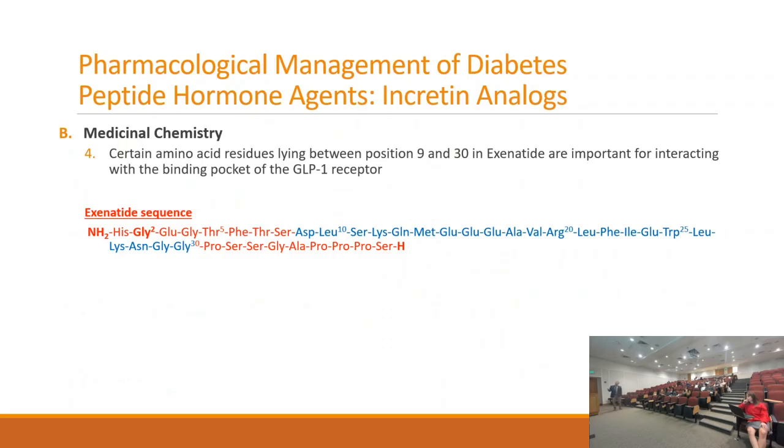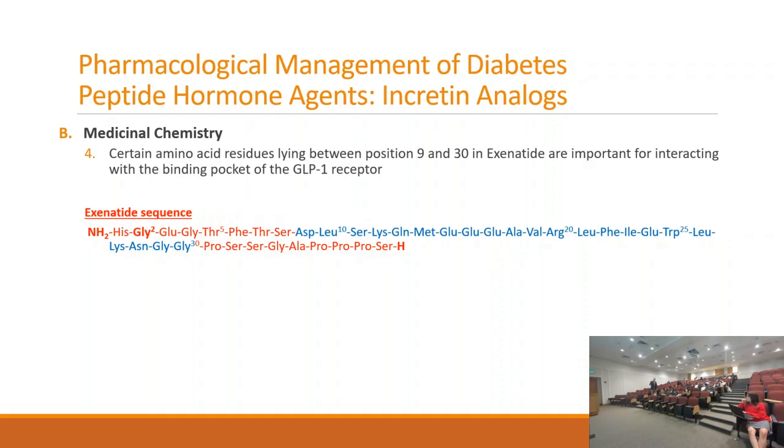We also know there are a number of amino acid residues between position 9 and position 30; you can see the blue amino acid residues here. These amino acids are really important for binding to the incretin hormone receptors. So again, we've got histidine and glycine, which are important for efficacy.